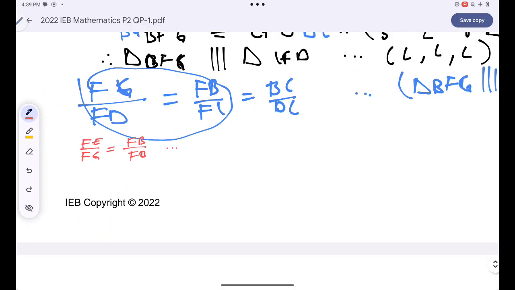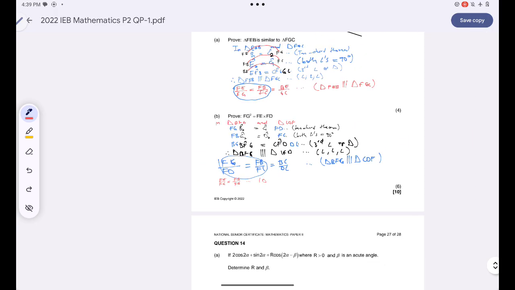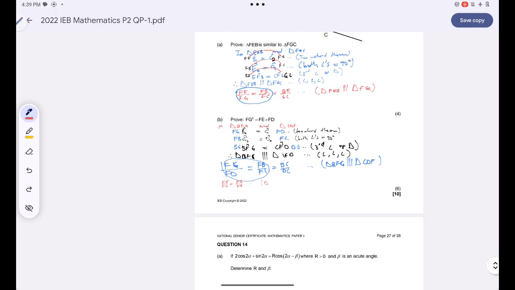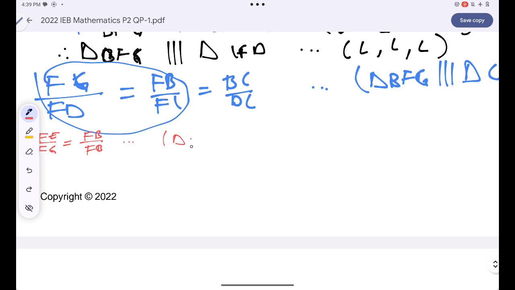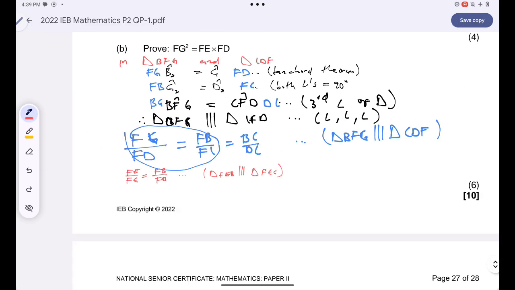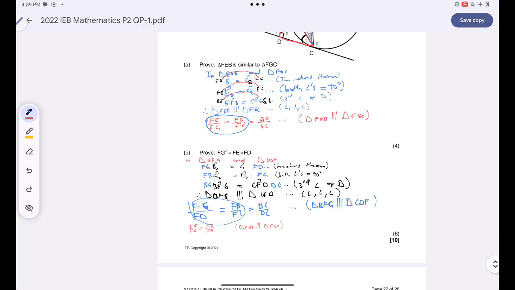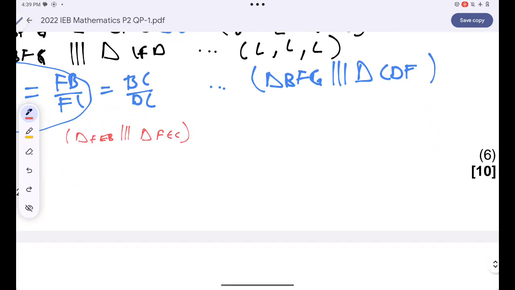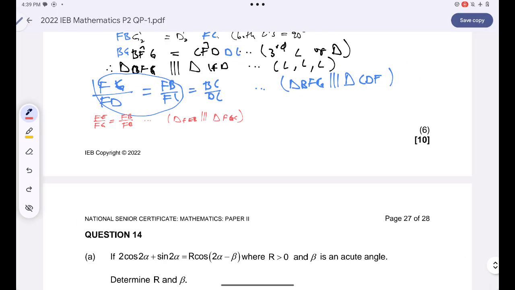This is true because triangle FEB is similar to triangle FGC, not FEC. Oh, guys, my handwriting. I can't even read it myself, but don't judge me.